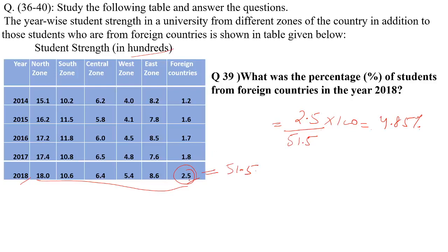So that's why 2.5 into 100 were the foreign country students out of the whole. So we have added the whole value, it is 51.5. So we divide 2.5 by 51.5 into 100, that comes out to be 4.85. Let's check the options. So option number 4 is correct.